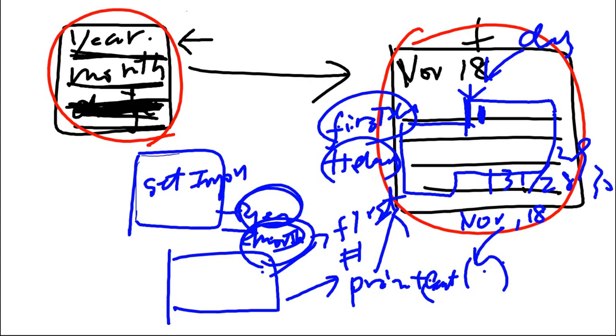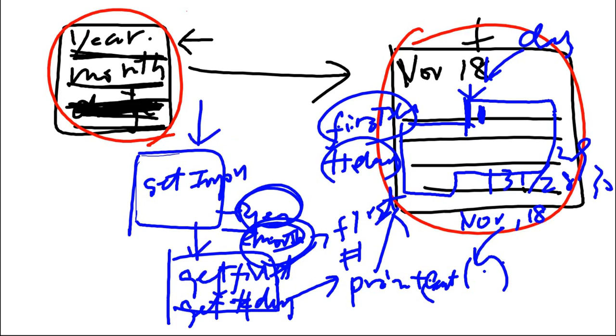Okay, so here two functions. One is to get the first day, and the second is to get the number of days in the month. Is that okay? Two functions I need to generate. So totally I have four functions: get input, get first day, get number of days, and then print out a monthly calendar.